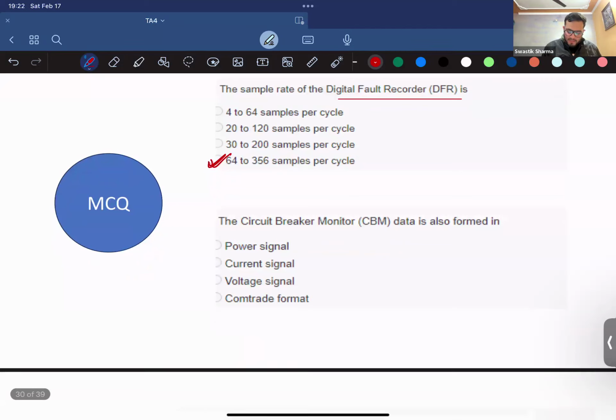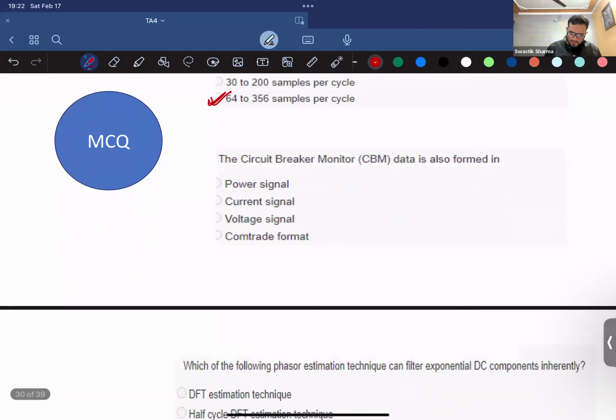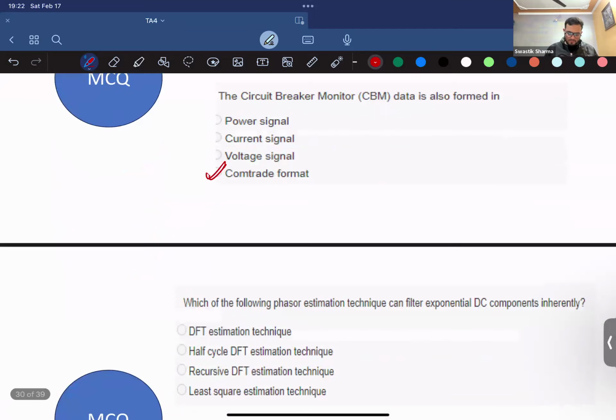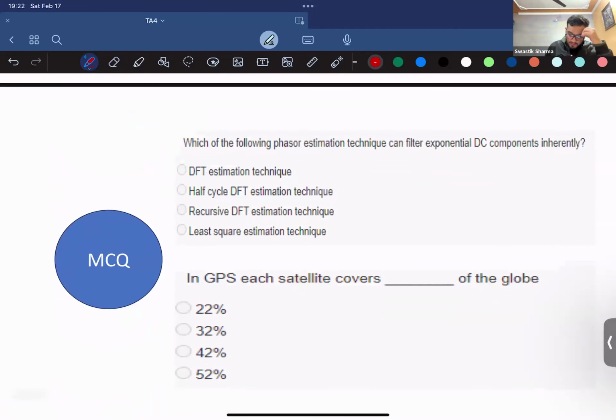Next, circuit breaker monitor data is formed in what format? The format they are asking about is Comtrade format. Now, this is something that I covered today. Which of the following phasor estimation techniques can filter exponential DC components inherently?